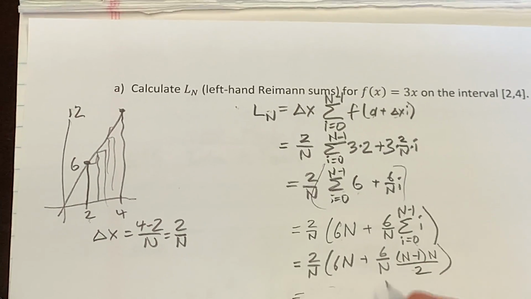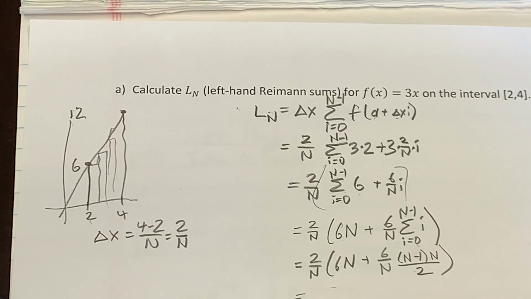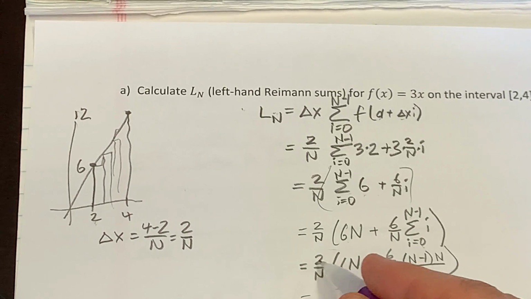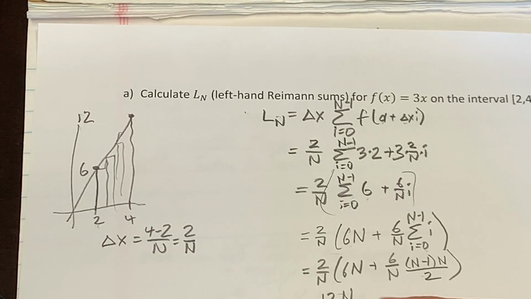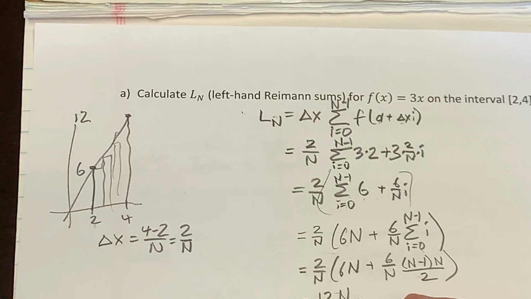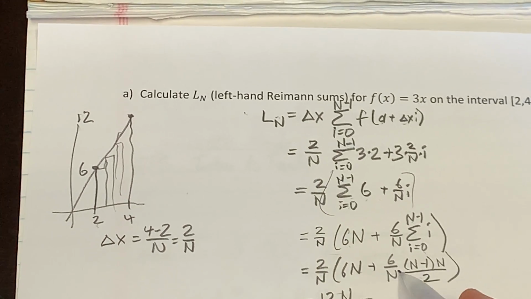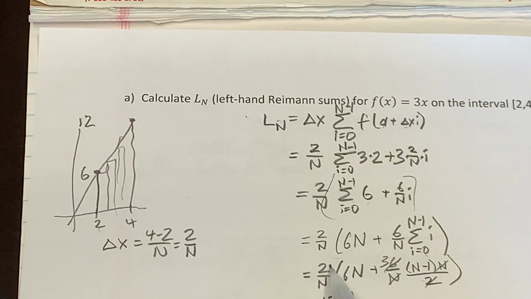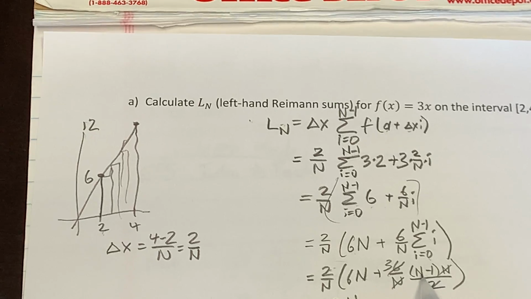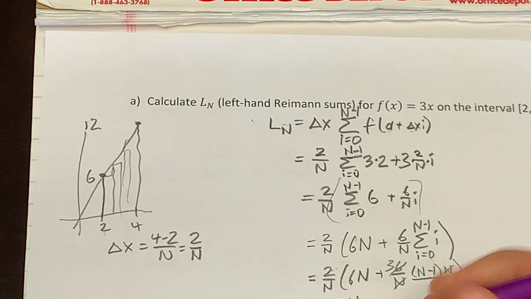Okay, let's try and put it all together. Let's see, this first part, it's 12n over n. I've distributed that there. What happens here? Let's see, the n's cancel, the 2's cancel. So now I've got to distribute here. I've got 2 times n minus 1.